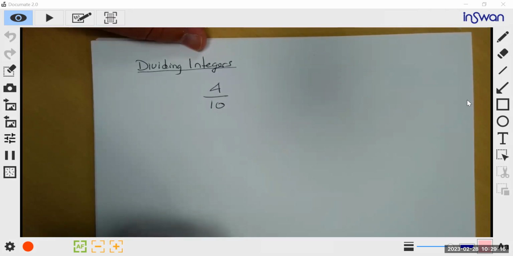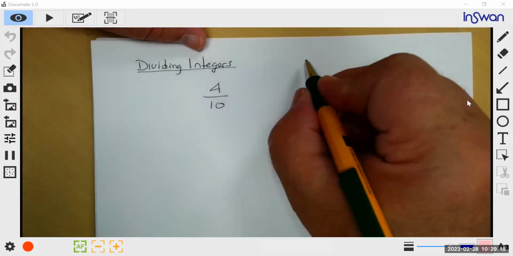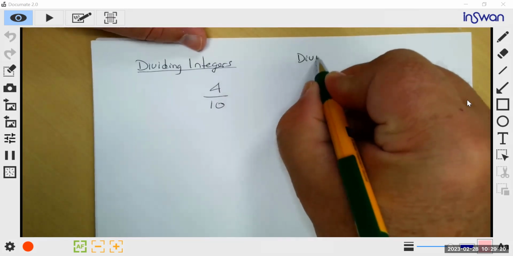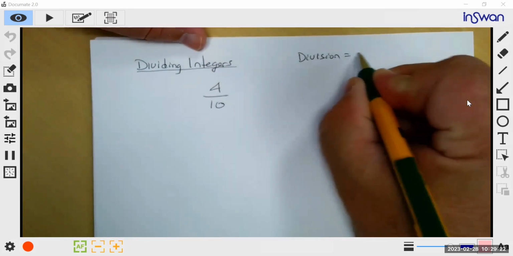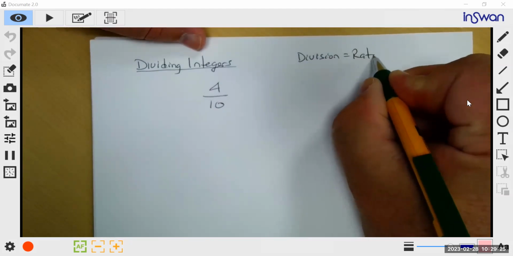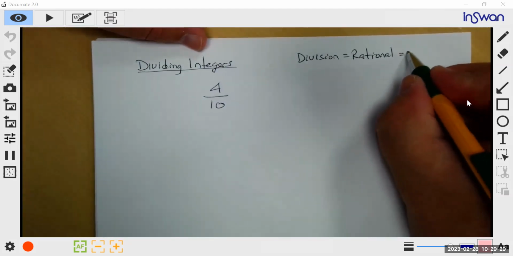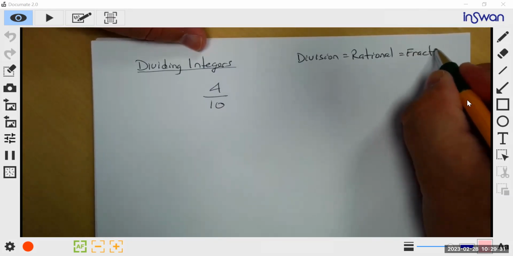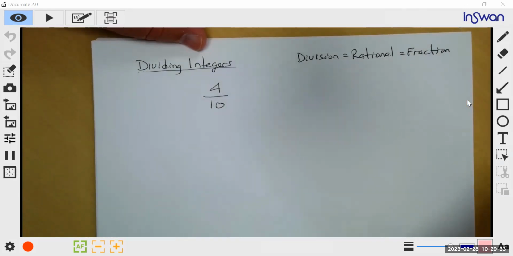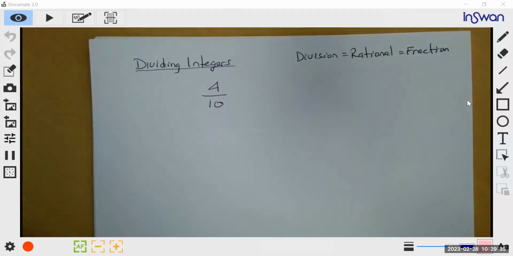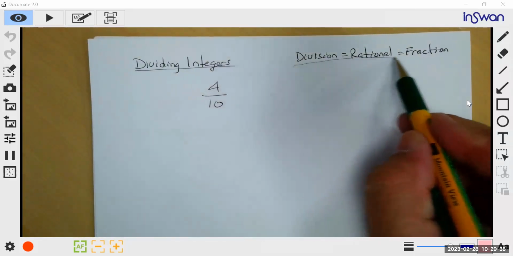And division is also called a rational number, a fraction, and a couple other names, but these are the most common ones you'll see.